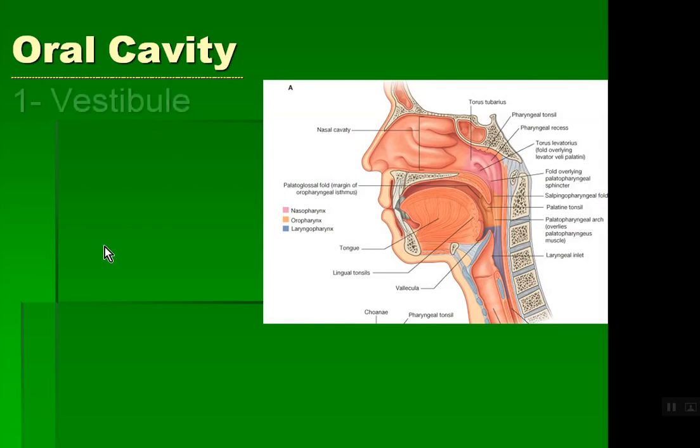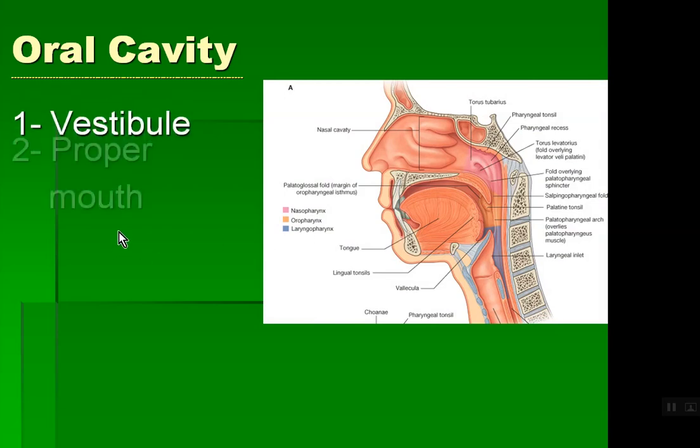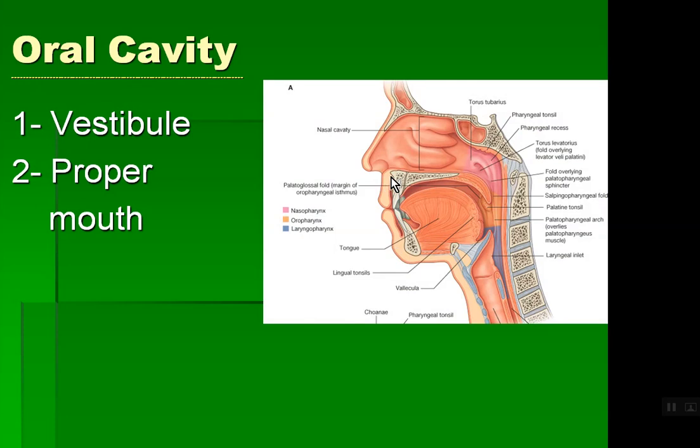The oral cavity is made of two parts. One of them is the vestibule here and the other is the proper mouth. What is the vestibule?